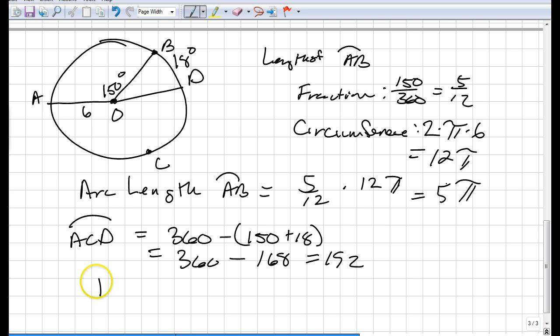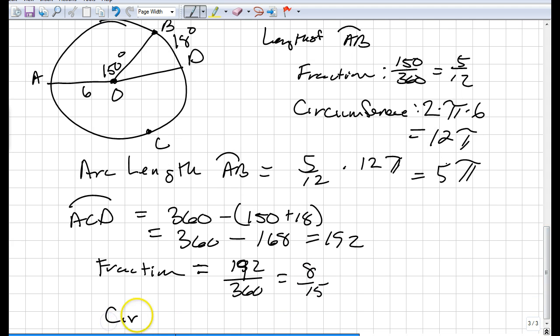So the fraction that represents that is 192 over 360, which reduces down to 8 over 15.